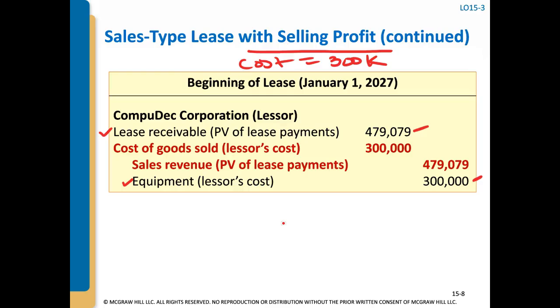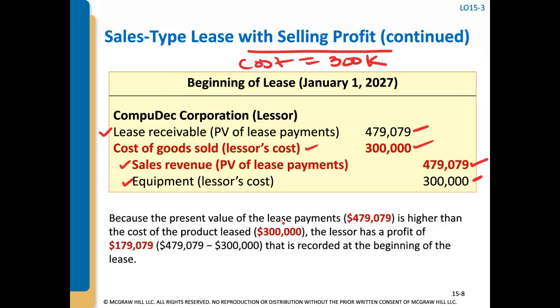But now, because we have this sales type lease, we have to treat it like a sale of the asset, which means we would credit sales revenue and recognize $479,000 of sales revenue, and we're going to have to debit our cost of goods sold for $300,000.